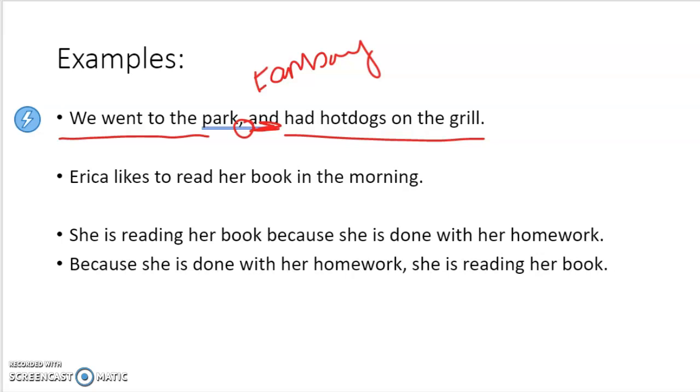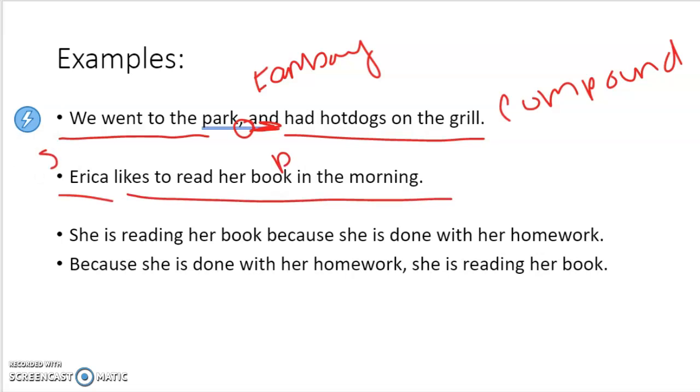So this sentence has to be compound. Next, Erica likes to read her books in the morning. Well, we have a subject, Erica. We have a predicate. We have one idea, one sentence, so this is simple.